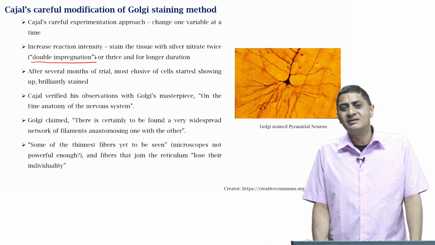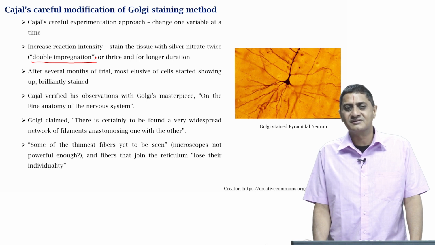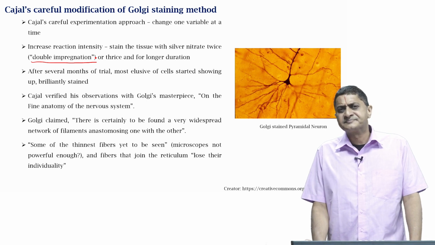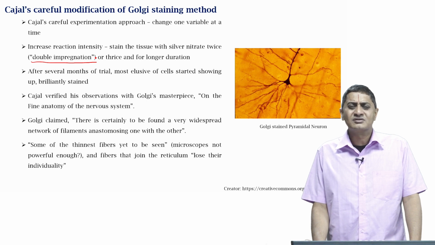Every time he made an observation, Cajal verified his observations with Golgi's masterpiece, which is called On the Fine Anatomy of the Nervous System, which is written in Italian. But Cajal said that someone who is well read in Spanish could practically understand Italian.